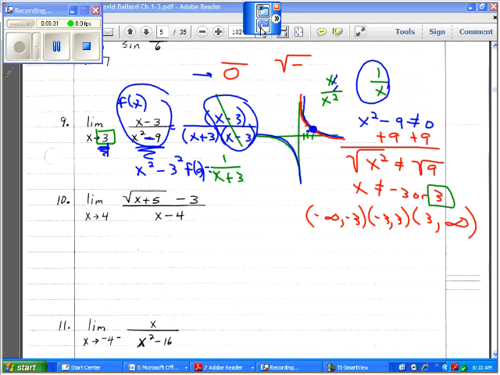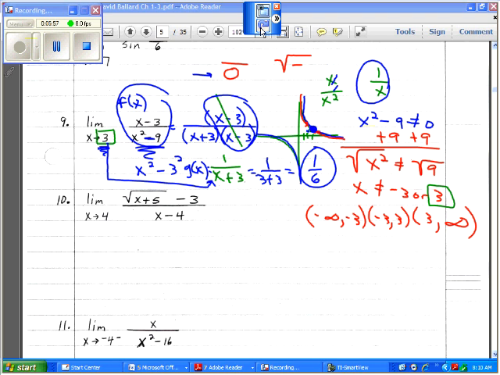So I'm going to substitute my target point into my g function. Too many letters, I'm getting confused. G of x. And so that would give me 1 over 3 plus 3, which is 1/6.